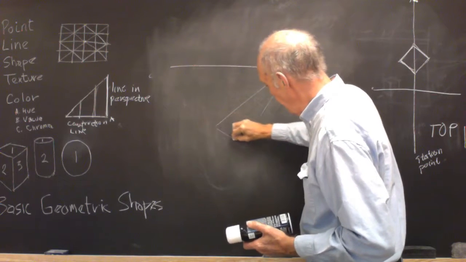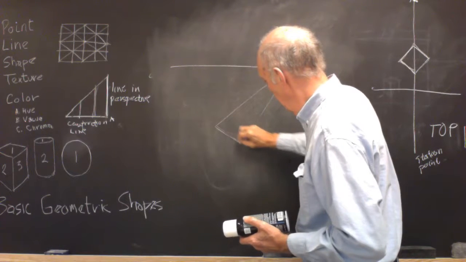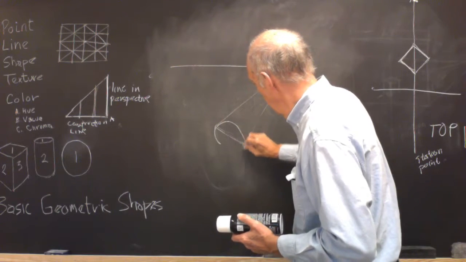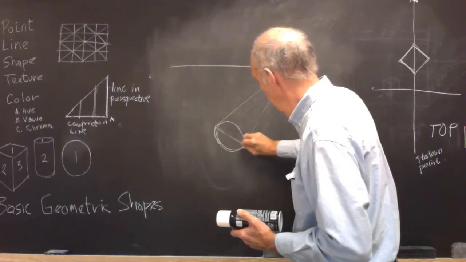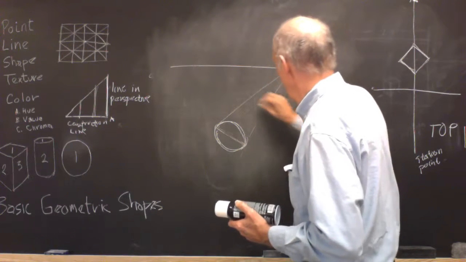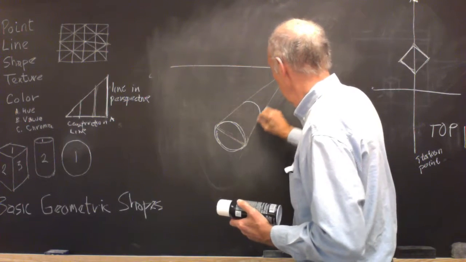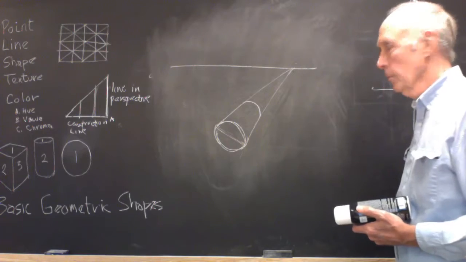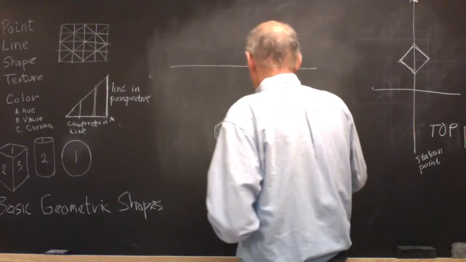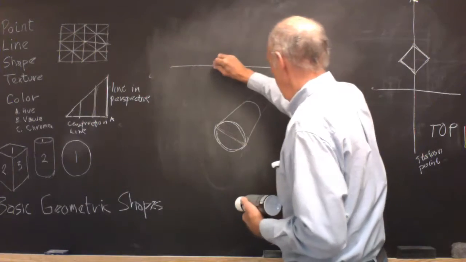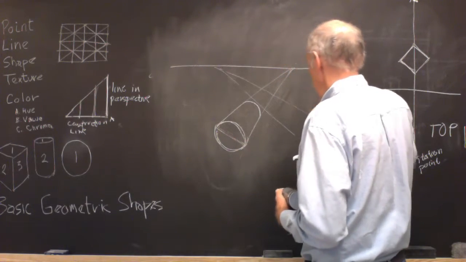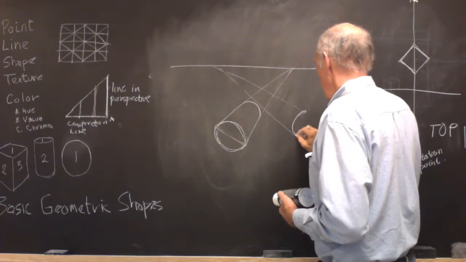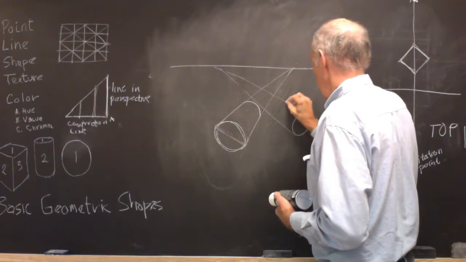Now if I draw a straight line right here and draw an ellipse right here, I will have drawn that cylinder on its side moving away from me. If I swing this over to here, in other words, I have a set of parallel lines going over here and draw that line, then this cylinder over here is going to be like this.